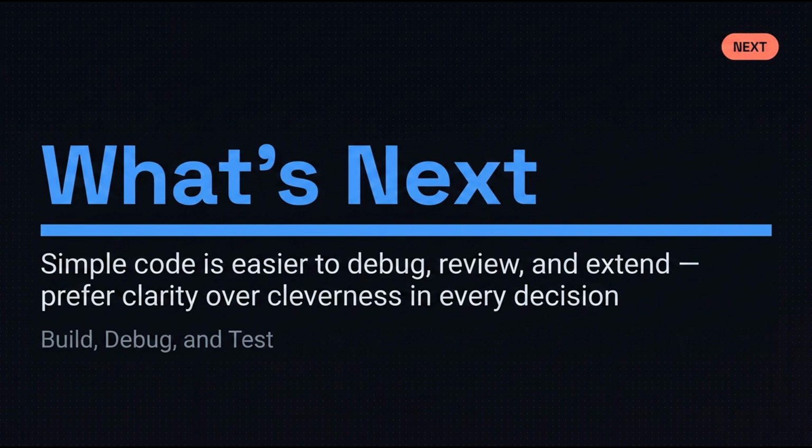Choose the right error model: optional for absence, expected for typed errors, exceptions for exceptional failures. Compile with warnings and sanitizers. And in code reviews, ask whether a standard type or algorithm would make the code shorter and safer. These aren't rules for special occasions, they're habits for every day.